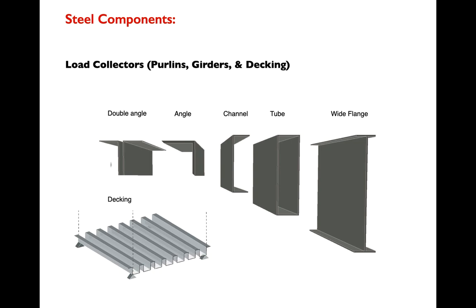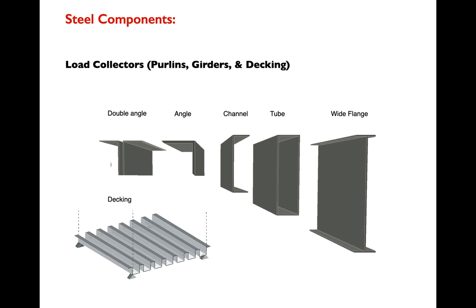When we're collecting loads, because steel is rolled, we're typically doing this in one direction. We can layer steel elements, though, to sort of mimic the two-way action that we get out of concrete slabs.